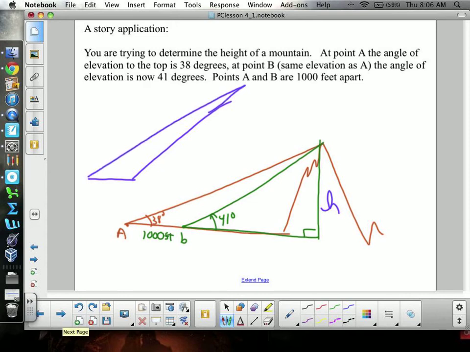Because I know this angle is 38 degrees. I know this side is 1,000 feet. What is this angle going to be right here? 139, yeah. Making this angle up here 3 degrees.